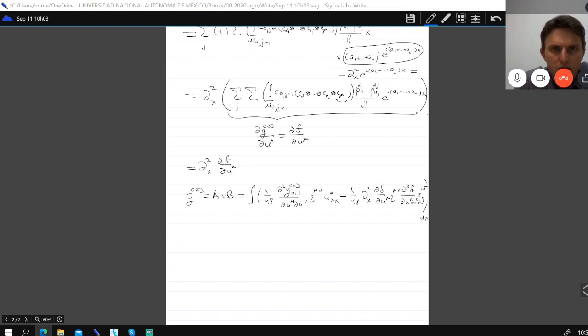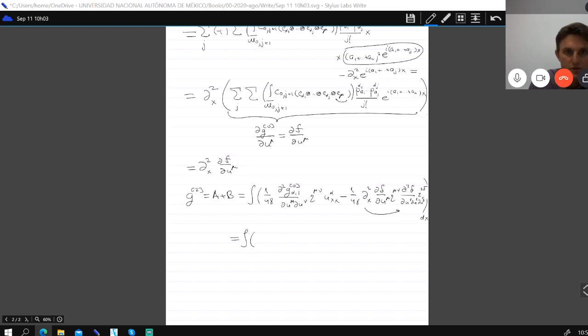Yes, and then at the end, for some reason, in this paper we just move dx to the other term. We can move it here. So then write that.